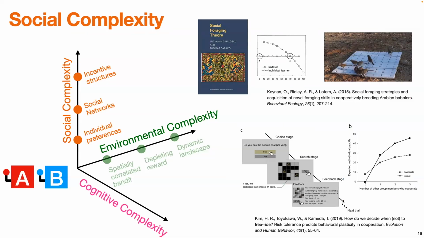When you study social collective behavior, we have to think about incentives that might not be aligned for all agents. Again, this is classic social foraging theory.